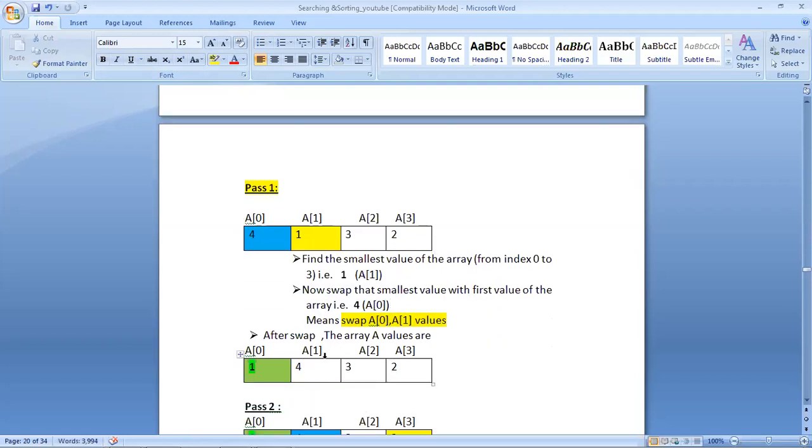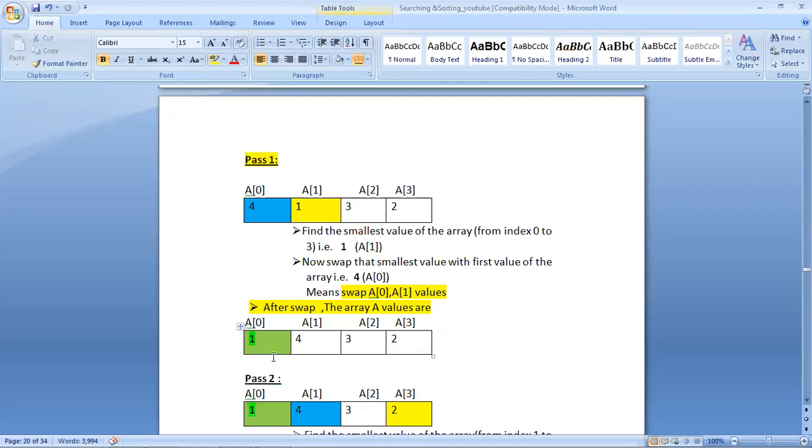After the swap operation, we observe the array values are 1, 4, 3, 2. That means after pass 1, the first smallest value of the array is at its correct position.